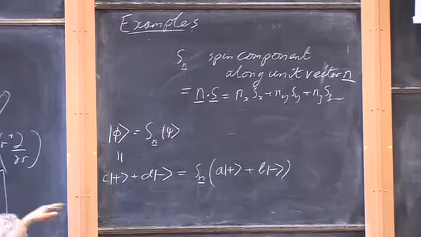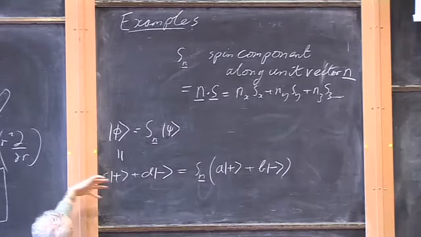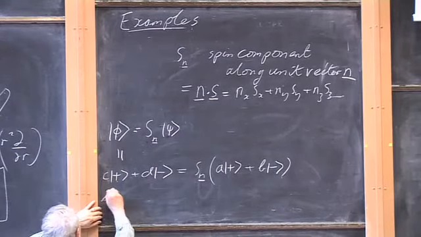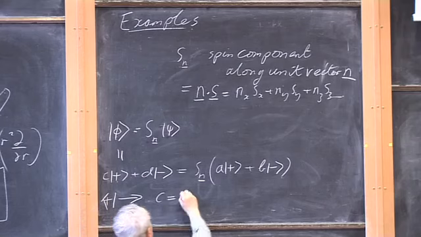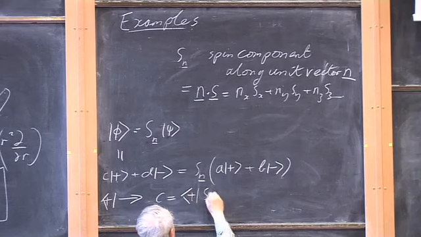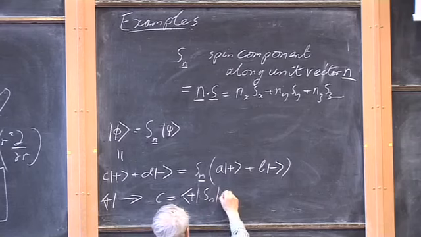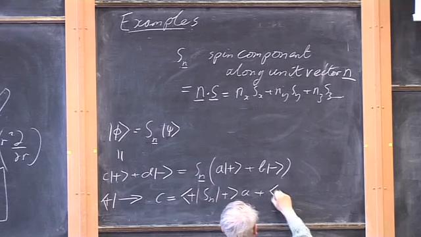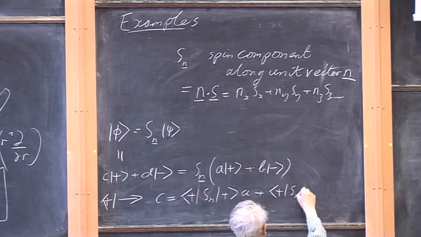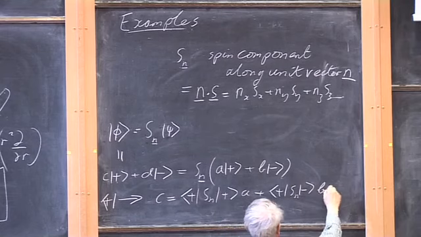What we do to find c, of course, is we bra through with plus, and then on the left we get c, so we find that c is equal to plus Sn plus times a, plus plus Sn minus times b.